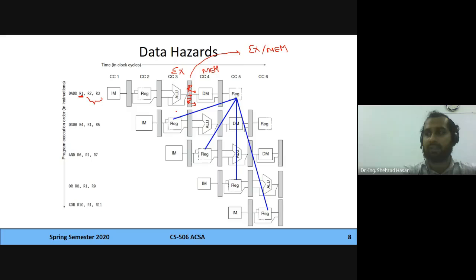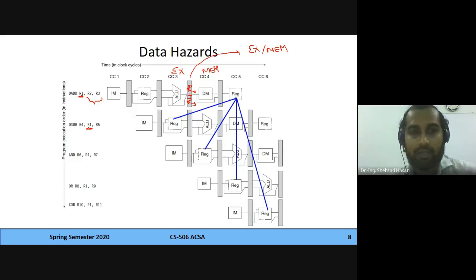Actually we are reading the value here in the third cycle. Again, that's not going to work, because if we need this value in the third cycle, that value is not available till the end of the third cycle. So if you need that even in the third cycle, you cannot do anything about that. So then we ask another question: how late as possible do we need this value? Because in this particular stage, we are reading the register file and the contents of R1.